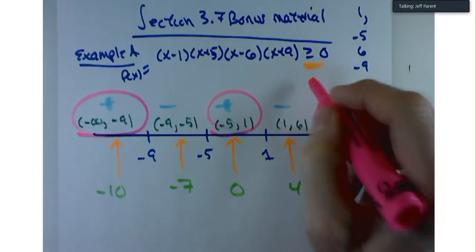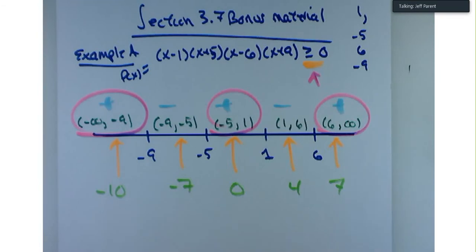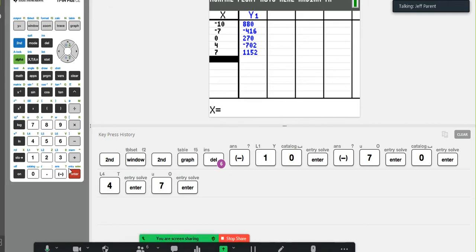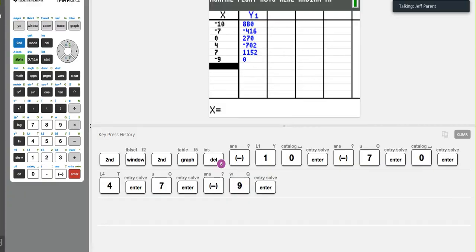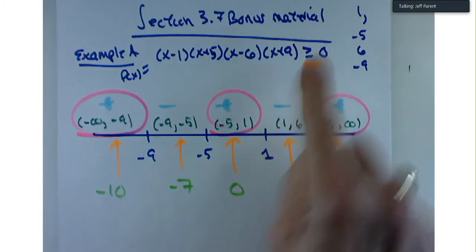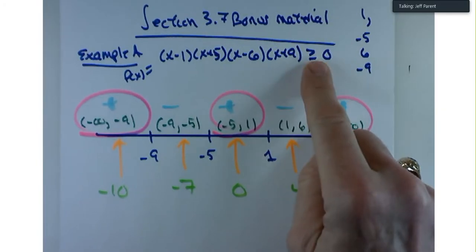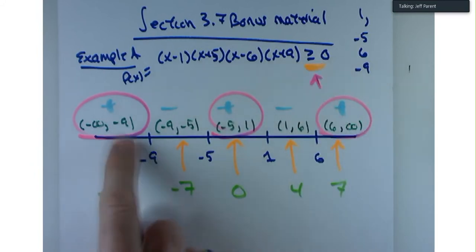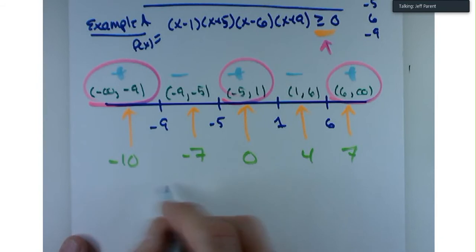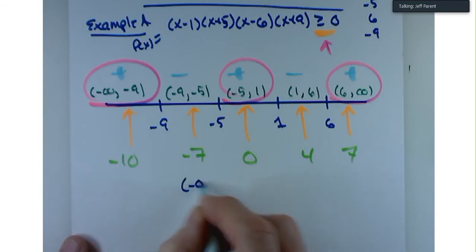But now we pay a little bit more attention to the fact that this is greater than or equal to 0. And so if you were to look back here and plug in, say, a negative 9, negative 9 gives me 0. Well, 0 is greater than or equal to, it's the equal to part, 0. So I can include that, and notational wise, I can include that by using what kind of notation?